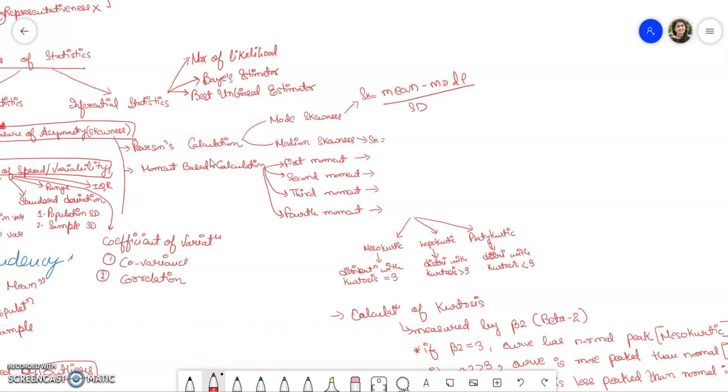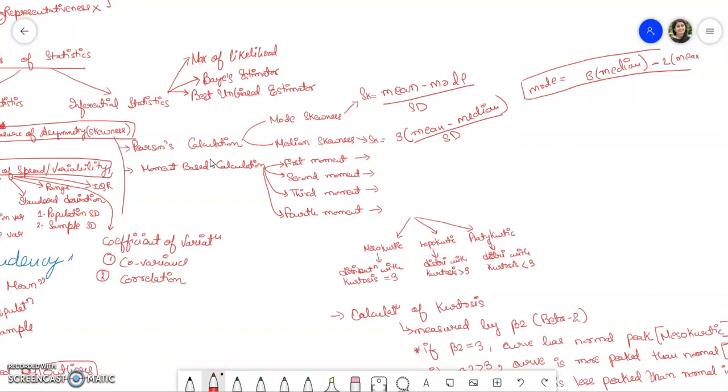Median skewness is 3 multiplied by the difference between mean and median, divided by standard deviation. You have to remember these formulas. There's also a property: mode is equal to 3 times median minus 2 times mean. Sometimes in interviews you can find such questions, so I'm giving you this information.